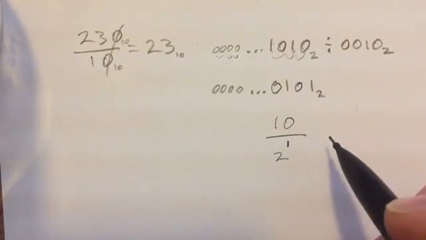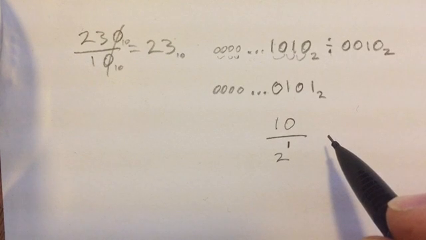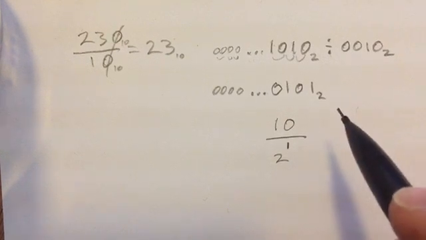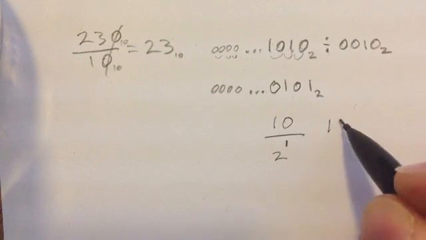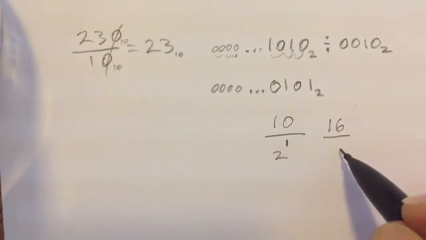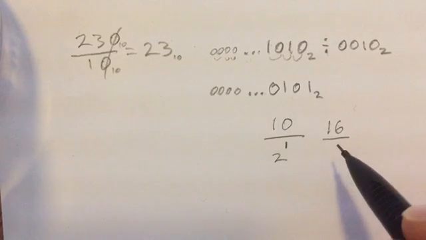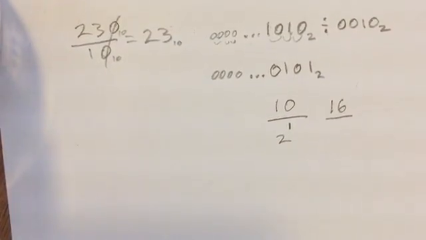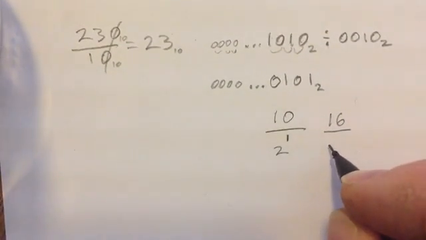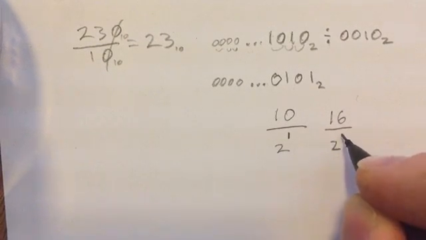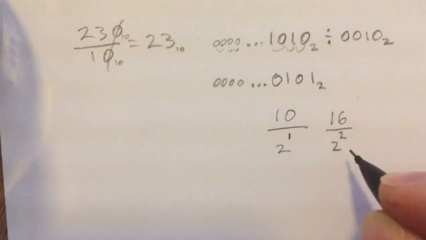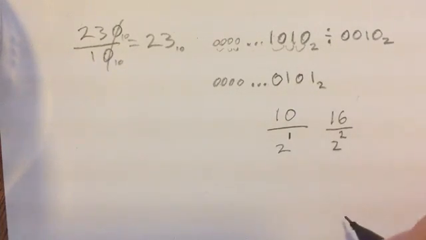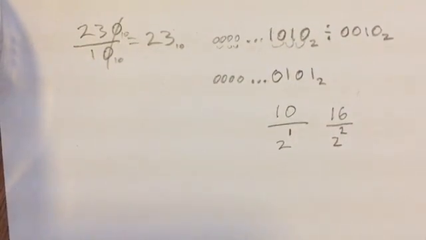If we wanted to have 16, 16 is a nice square number, and we wanted to divide that by 4, we would say we want 16 divided by 2 to the second power. The square of 2 is 4. So 16 divided by 2 squared.